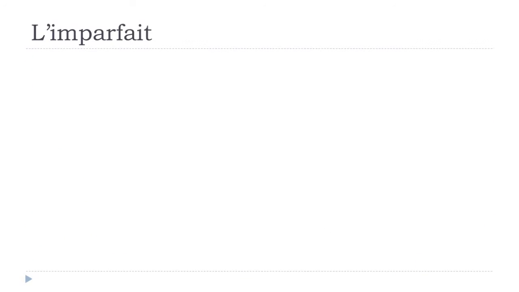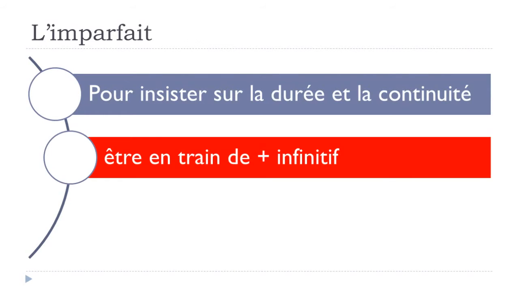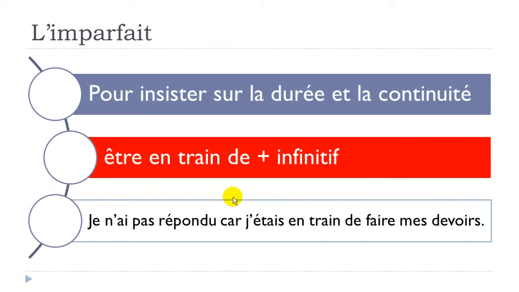And then we've got another structure. If you want to insist on the fact that something lasts and continues, we've got this structure: être, to be, être en train de, and then you put the infinitive form after that, the basic form. An example here as well. I wanted to make the difference with the passé composé form here. Je n'ai pas répondu.